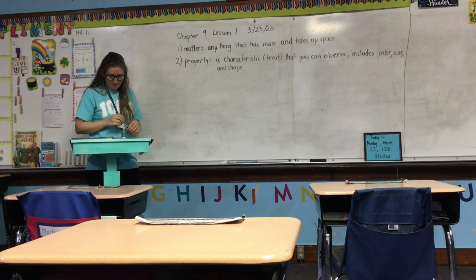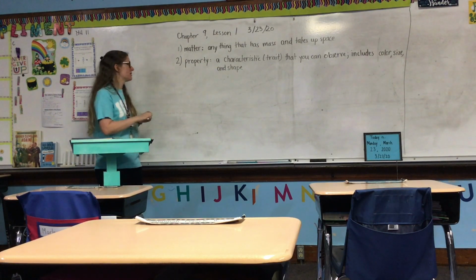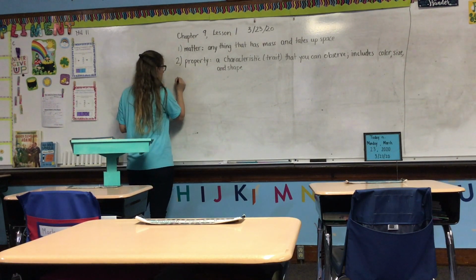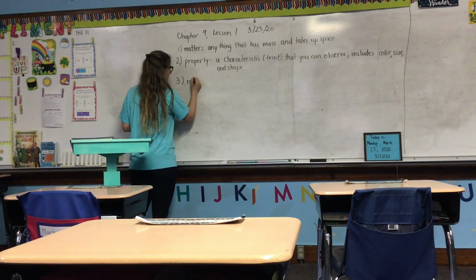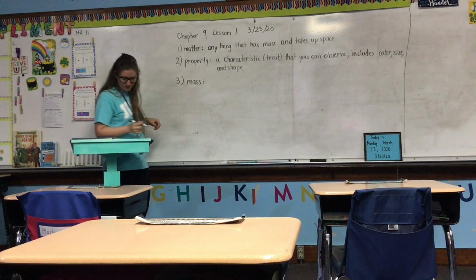Okay. Matter has mass. One very important property of matter is mass. Mass is the amount of matter making up an object. So that's our next word. Mass. Not like church, but this is a different word, so it's a homophone.